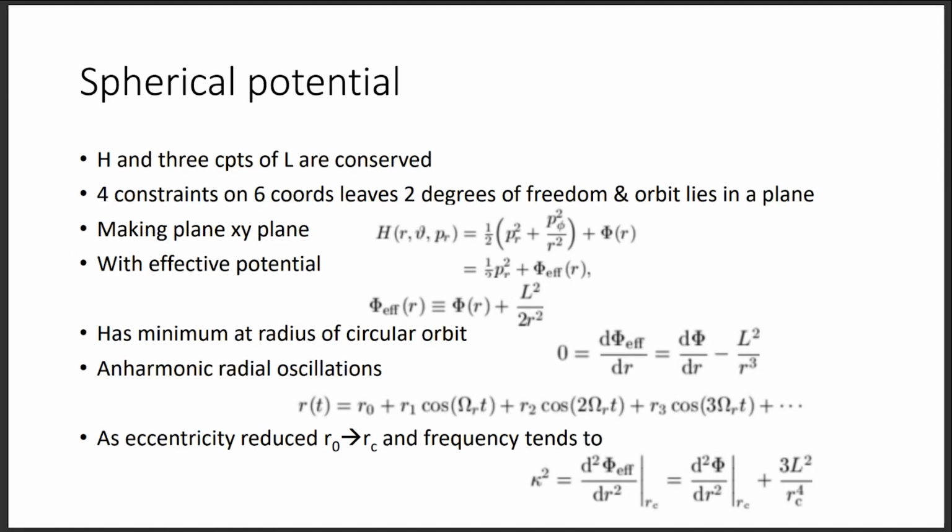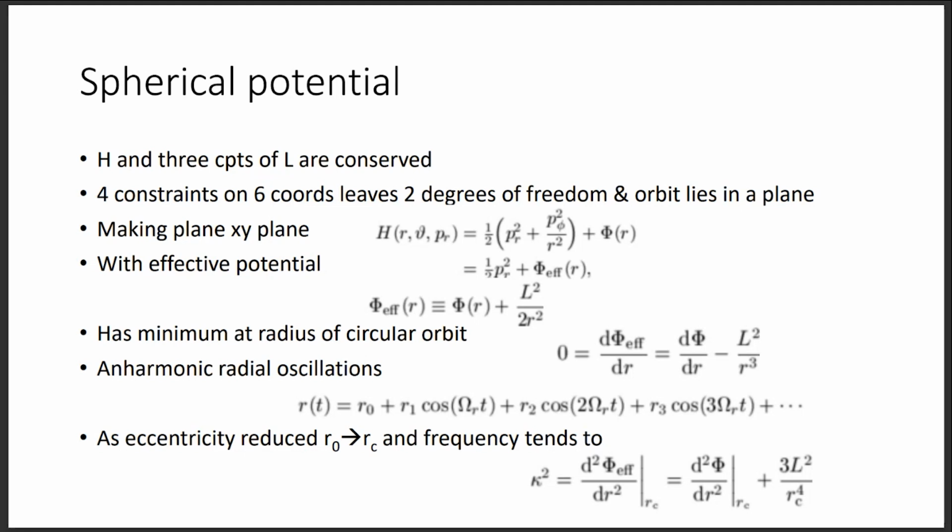In a spherical potential, because each component of angular momentum generates a rotation around an axis, we know that all three components of the angular momentum are conserved, and because the Lagrangian is independent of time, we know that the Hamiltonian is conserved, so we immediately have four conserved quantities. We have four constraints on 6 coordinates, which leaves us with 2 degrees of freedom, and indeed the orbit lies in a plane. Again, that is taught in the most elementary courses.